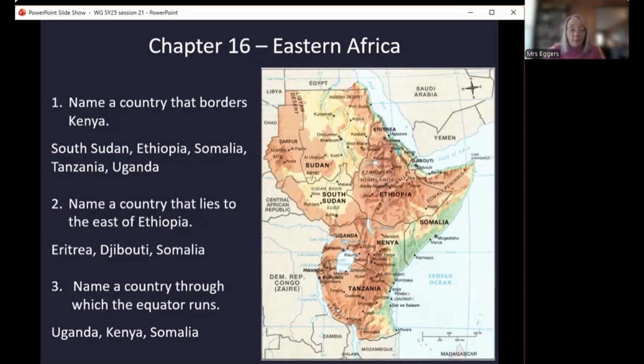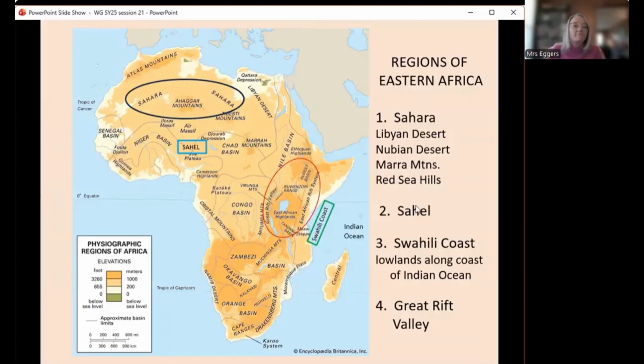So the book talked about the different physiographic regions of Africa. We've talked about the Sahara and the Sahel before. The Swahili coast would be the lowlands along the coast of the Indian Ocean, which I put a little green box around.